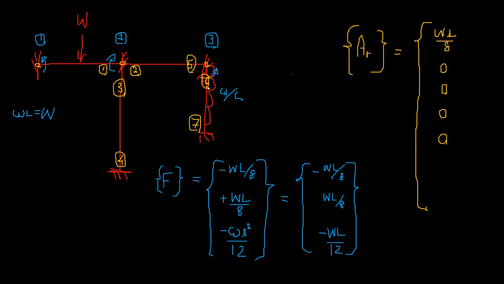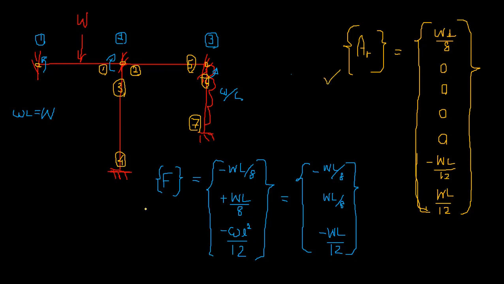Sixth is WL over 12 minus. We substitute simple W into L as capital W. So watch the earlier videos on displacement method so you will understand the basics. So this is a bit intermediate, okay?